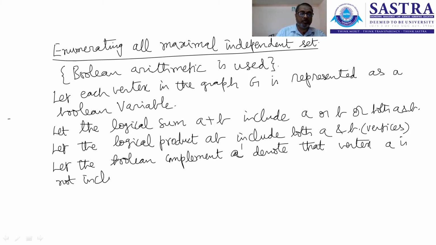So now you have it like this. I write the sum A plus B to include vertex A, vertex B, or both vertex A and B. Similarly, when I take the product, I include both the vertices A and B. And if I write the complement A dash, it means that the vertex A is not included.